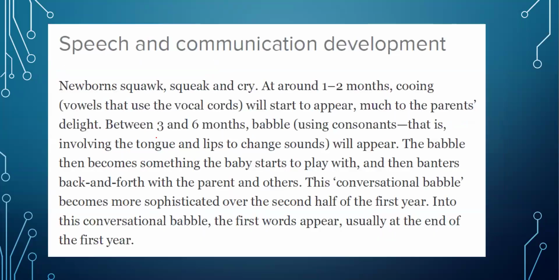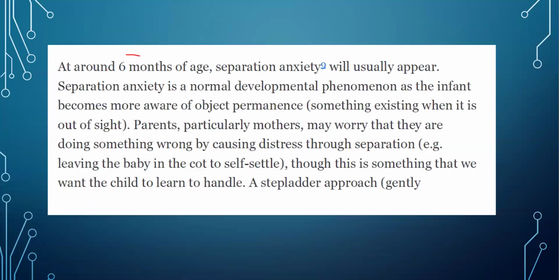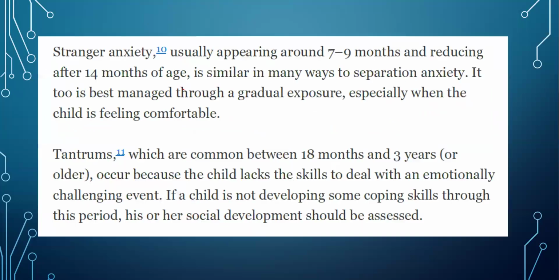In terms of speaking, between 3 to 6 months, child starts this bubbling, and then between 6 to 9 months, bubbling starts to become a bit of mama dada, and from 9 to 12 months, child starts to say mama dada constantly, and then by 12 months, 1 to 2 more words. Around 6 months, separation anxiety starts, and around 7 to 9 months, they have a stranger anxiety.